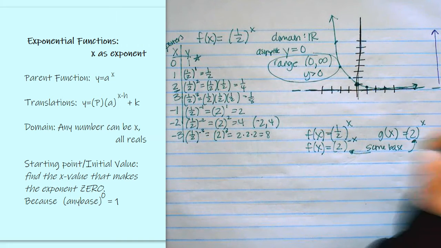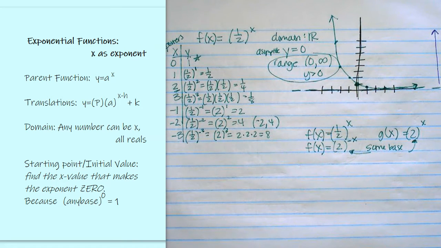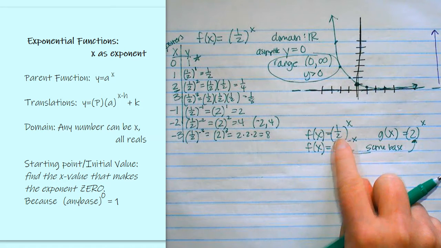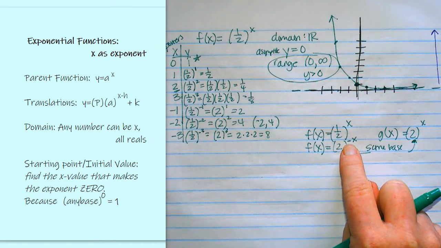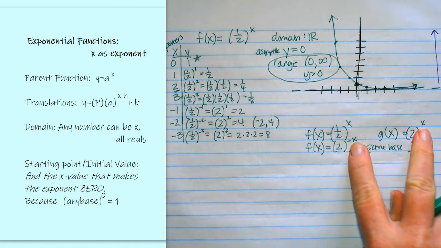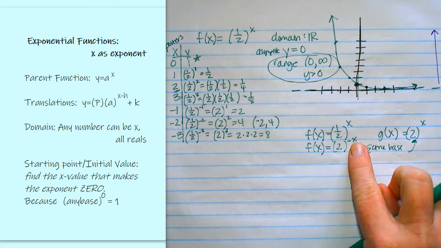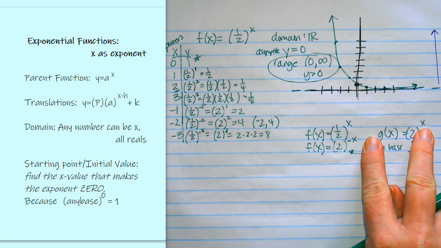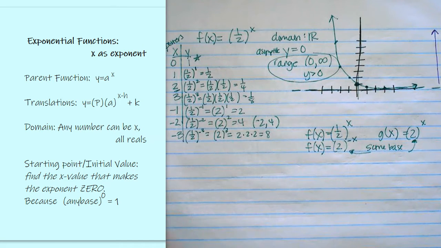So I've rewritten them so they have the same base of 2, but now the exponent is different. So I do want to talk about the translations that I've got written on this side for you. 1/2, if you move the 2 to the top, you have to change the exponent to be negative. And so the difference is that the one that looks like this one has a negative exponent and the other one has this positive exponent.